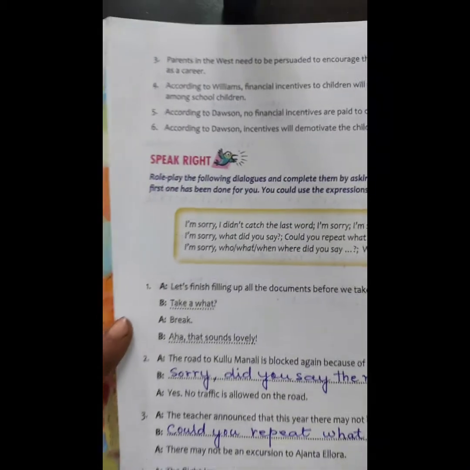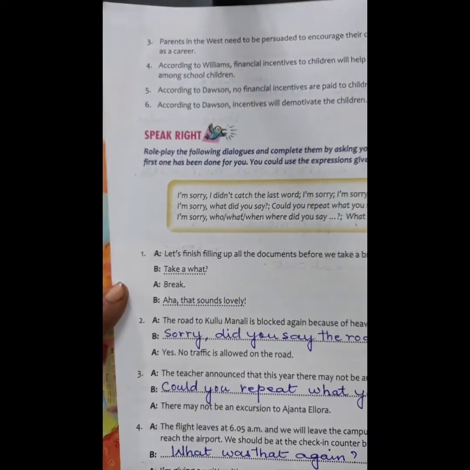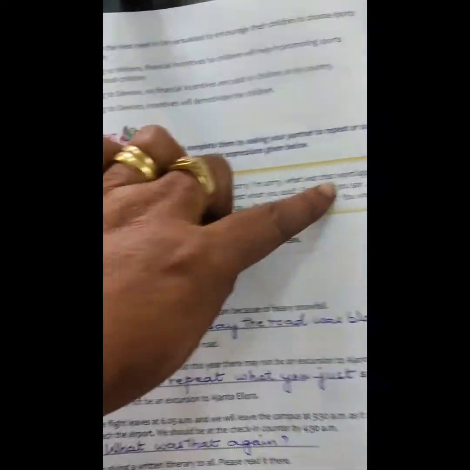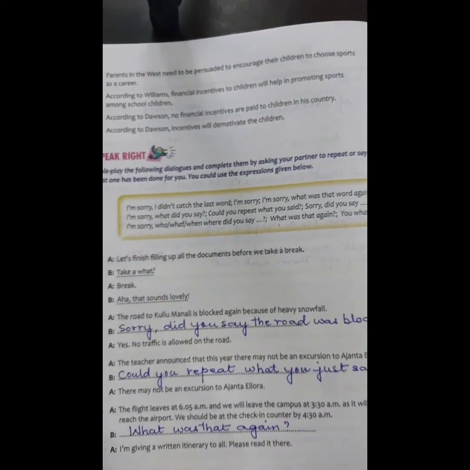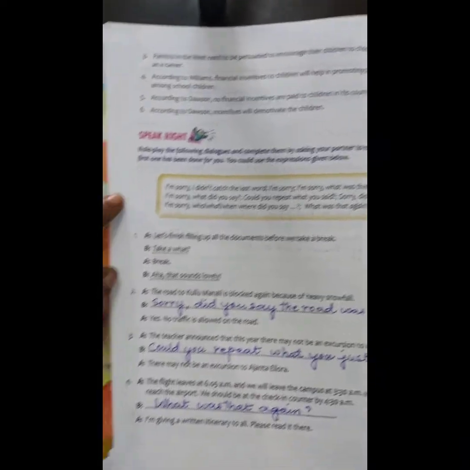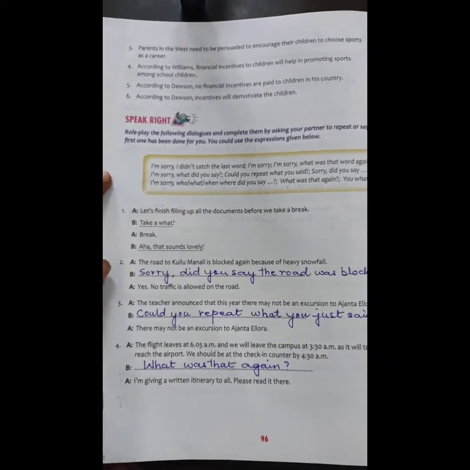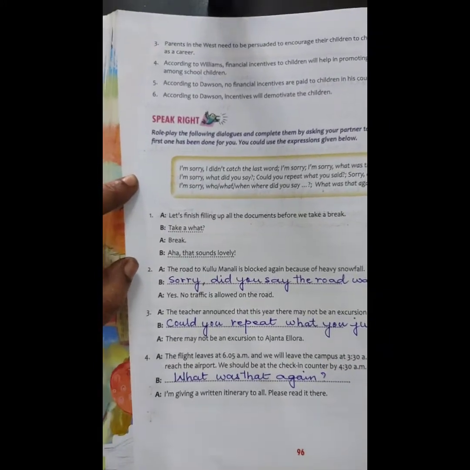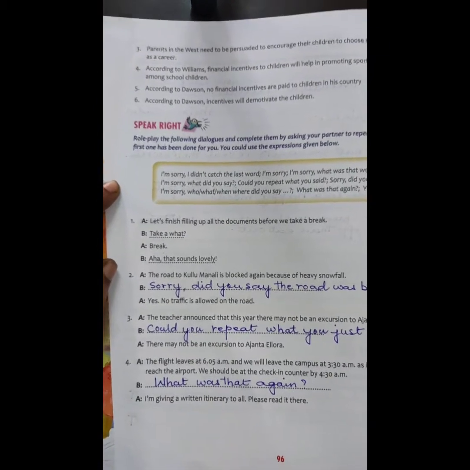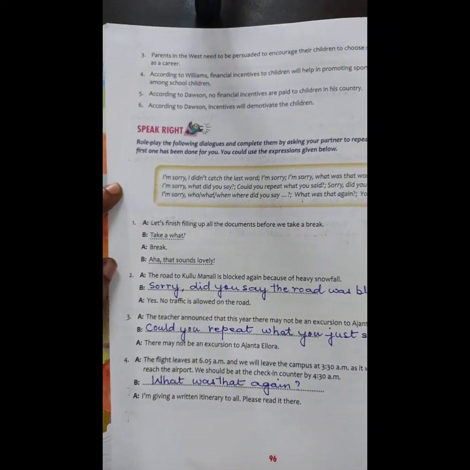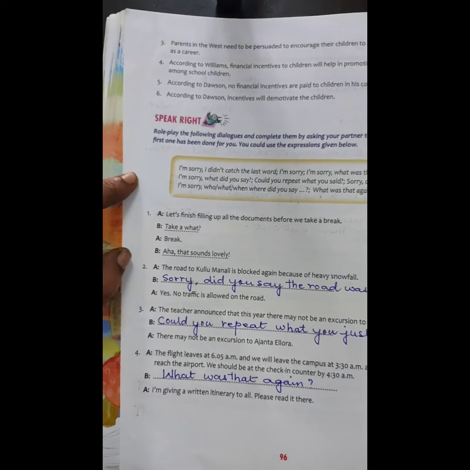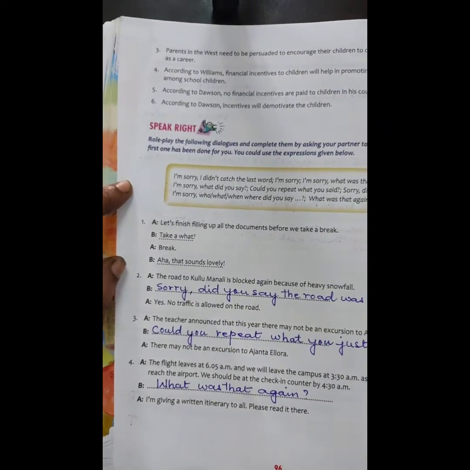Next, over here, we are going to talk about the words given, some phrases. These are short expressions which you have to use in this conversation. Like over here, A says, let's finish filling up all the documents before we break. B says, take a what?